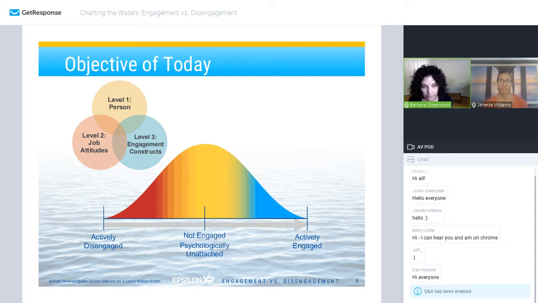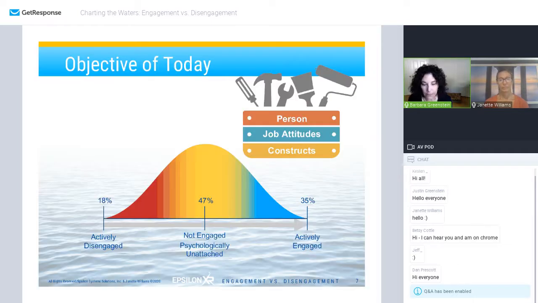And then thirdly, we want to discuss various tools that you may already have in your toolkit, or others outside your wheelhouse that you can use to get your employees actively engaged.